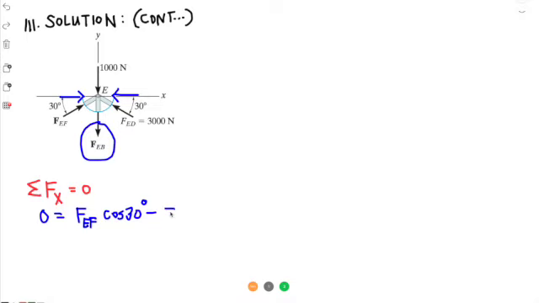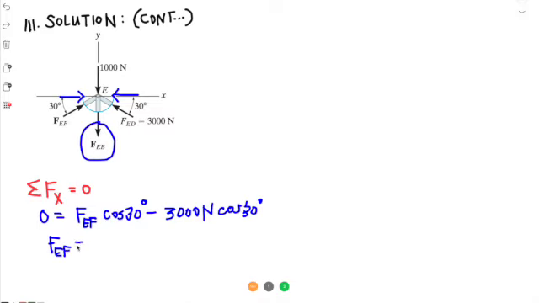So that's 3,000 newtons cosine 30. As you can see, we both have cosine 30. So we can cancel that out and we can conclude that FEF is just equal to 3,000 newtons also.